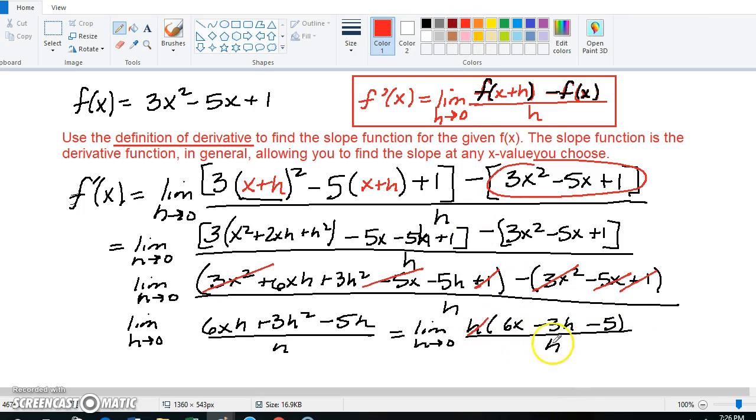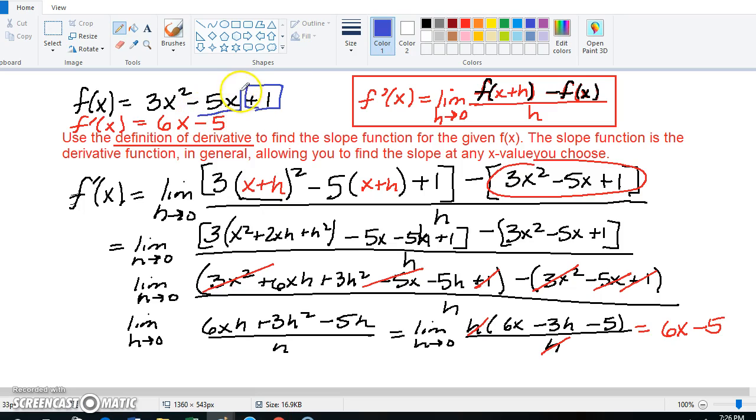There's an h in the numerator that will cancel with an h in the denominator, and now I can take the limit as h goes to 0 and get 6x minus 5. So if we take a look at our function, 3x squared minus 5x plus 1, its derivative is 6x minus 5.